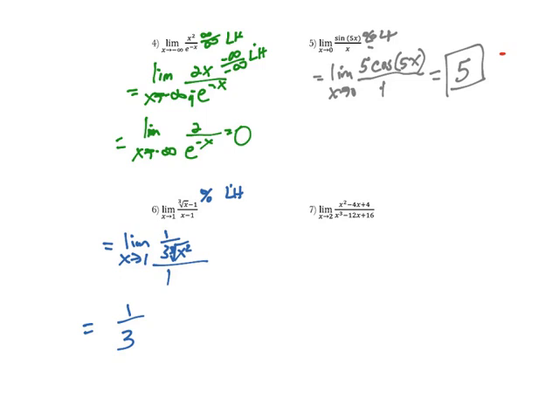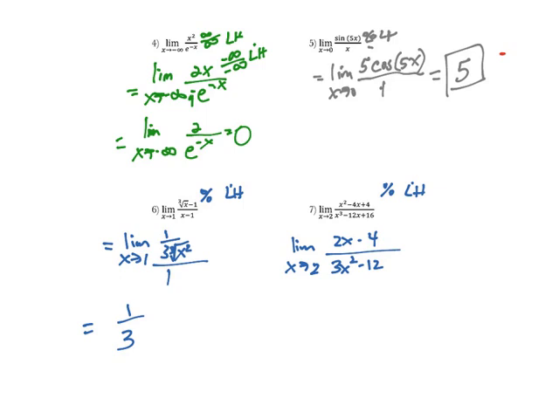Okay. And then for 7, if I plug in 2, I get 0 over 0. And so I can do L'Hopital's rule. The limit as x approaches 2, 2x minus 4 over 3x squared minus 12.